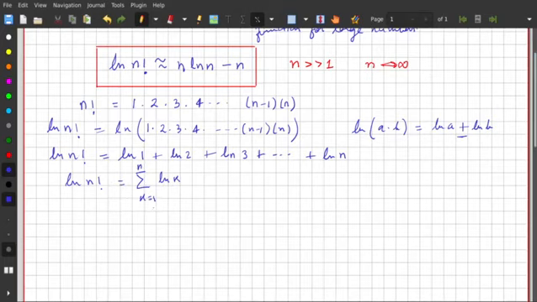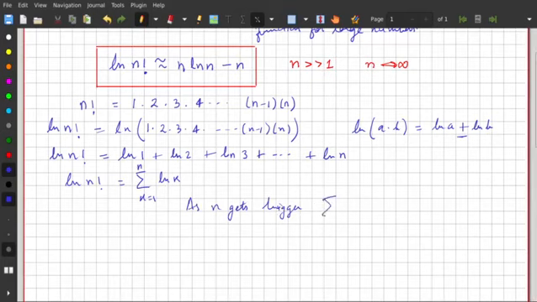Okay, here comes the approximation that we want to do. As n gets larger, the sum over k equal to 1 to n of log k can be approximated by the integral of log x dx from 1 to n.